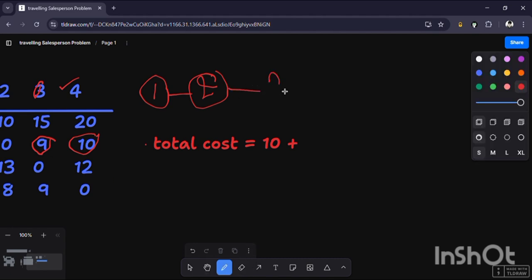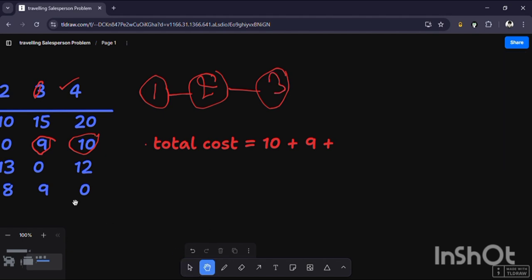So he goes to the third city, and it costs him 9. Let me write 9 here, plus 9. Now he is at the third city.